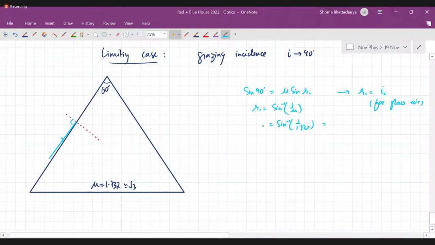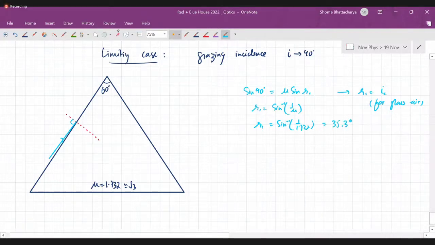So if I do this calculation, to save time, I'll quickly work this out using a calculator. In this case, I will get the angle of refraction. So 1 divided by root 3 will give me about 0.577. And then when I take sine inverse of that, it will give me about 35 degrees, 35.3 degrees.